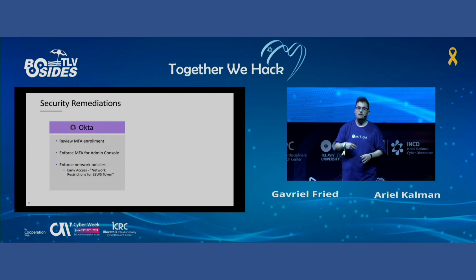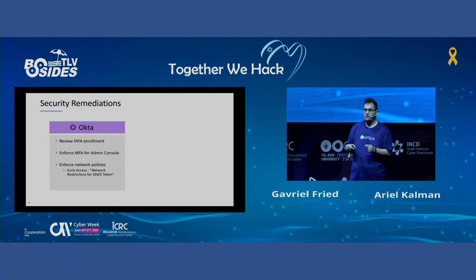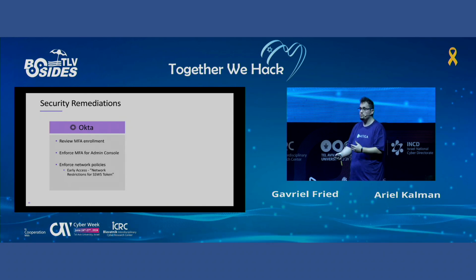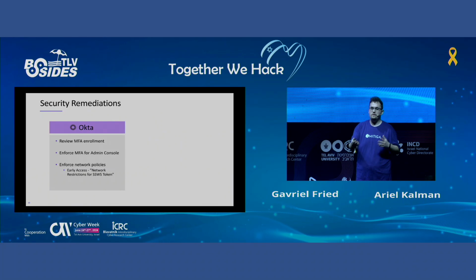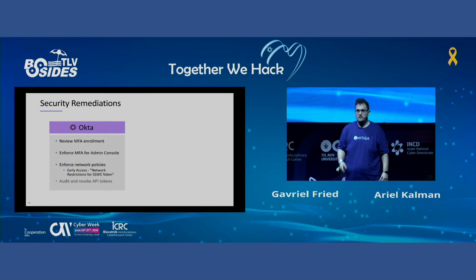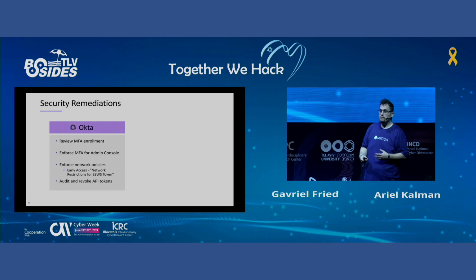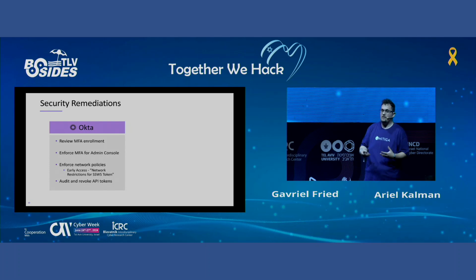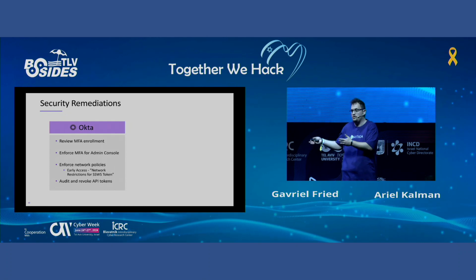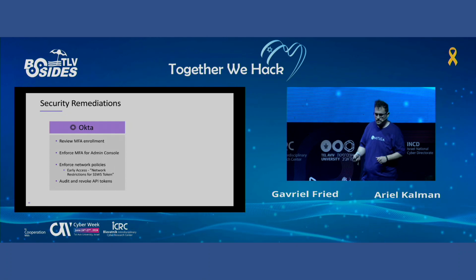But there is something of an early access feature that will allow us to also have network policies with SSWS tokens, because previously, you could have still logged in with a token even if you were on a limited network policy. And finally, review and possibly revoke your API tokens. Do you have any Okta API tokens around that might lead people to start this whole process at the beginning?